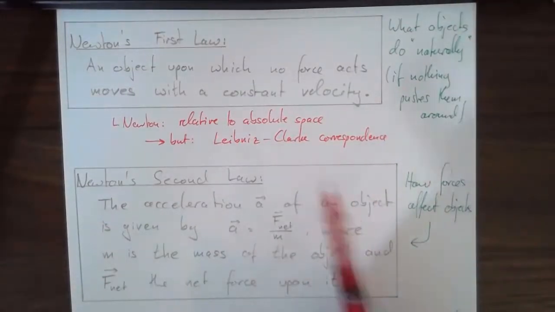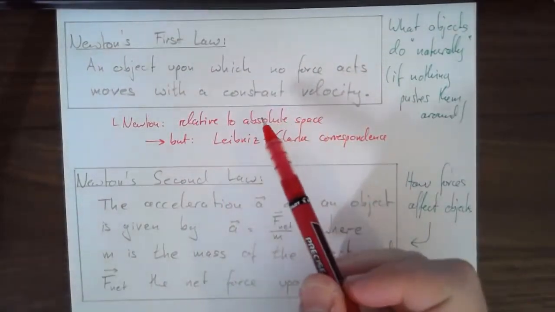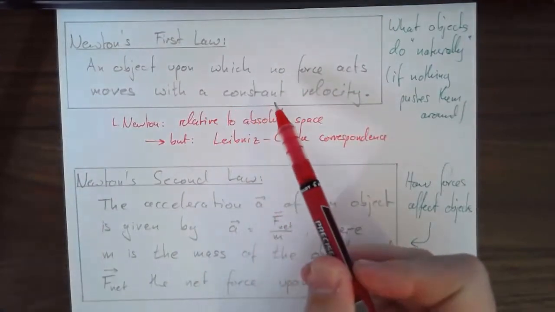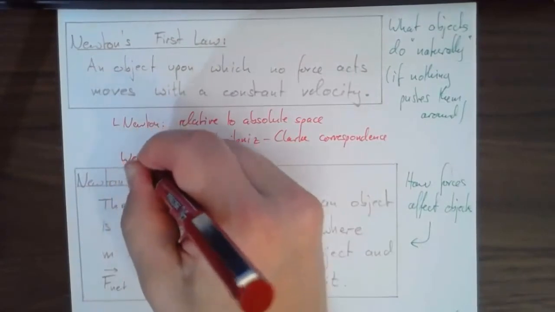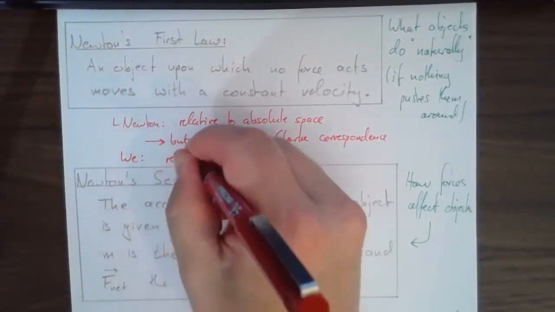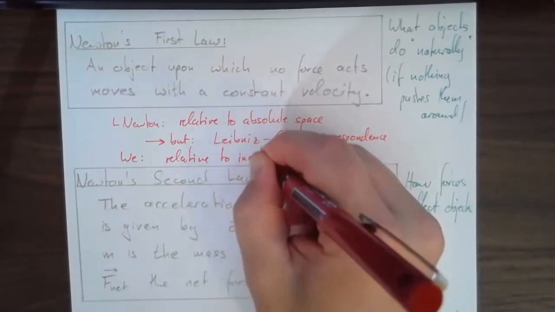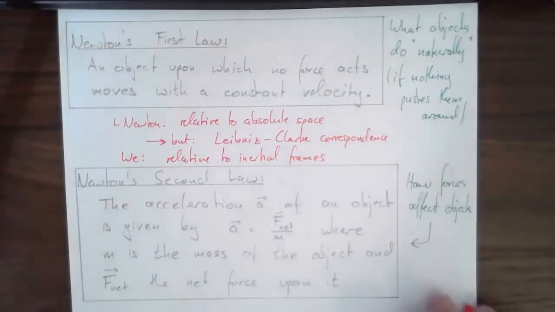Now today we'd say, well, constant velocity relative to what? Because we can pick any reference frame, and we say it's relative to what's called inertial frames. Now actually the logic here is a little bit different when it boils down to it.